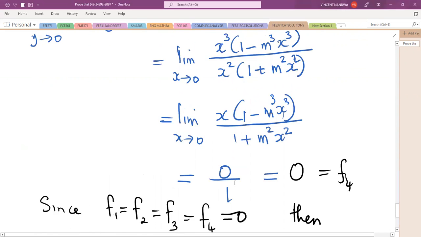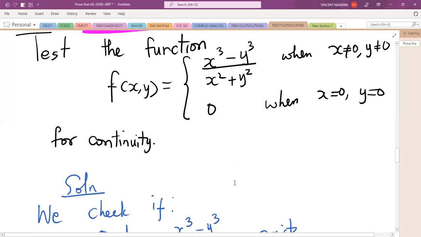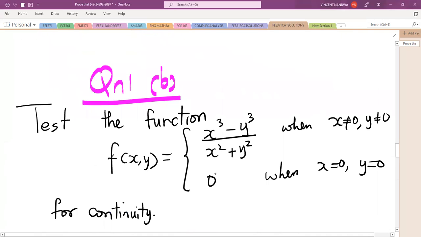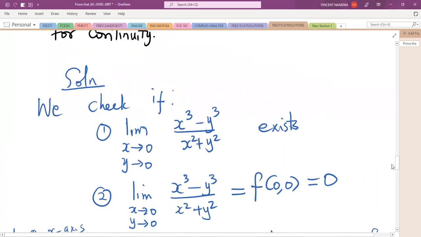Now, since already in the function itself, we were told that the value of the function is 0 when x is 0 and y is 0, it means that the function is already defined at the point 0, 0.